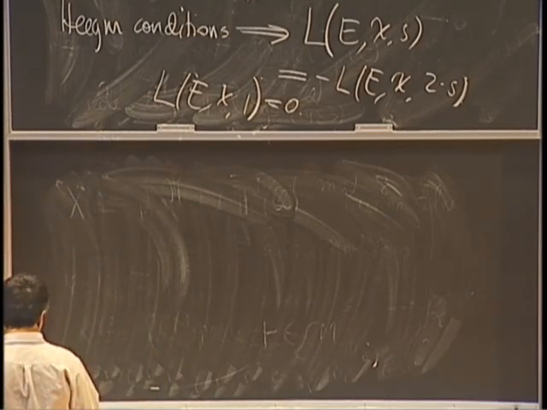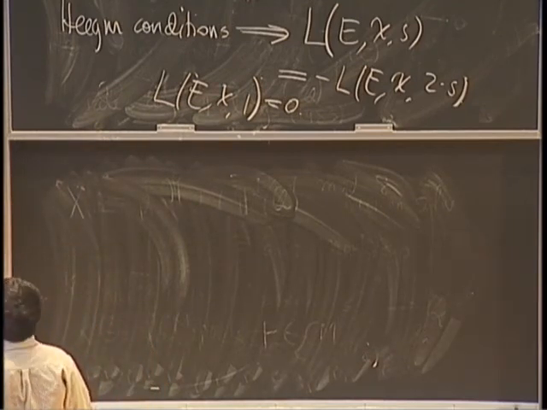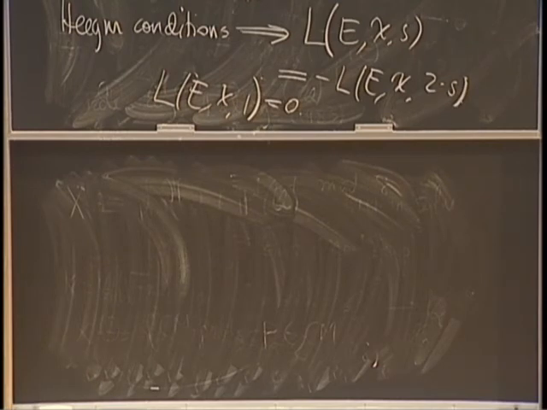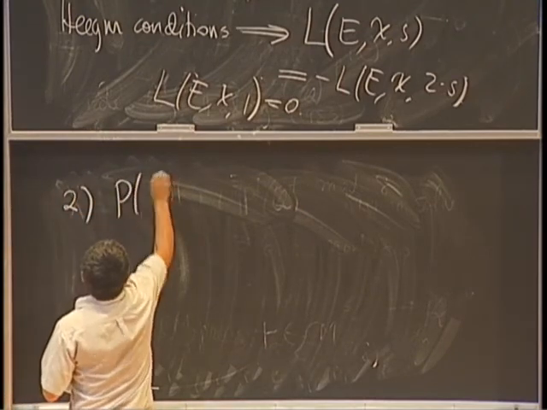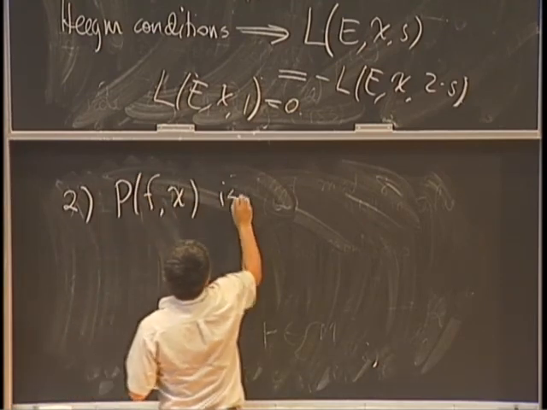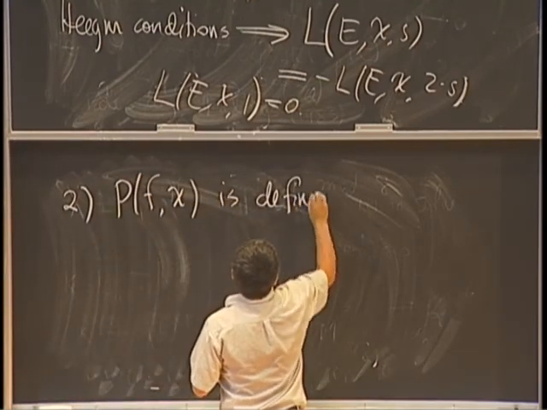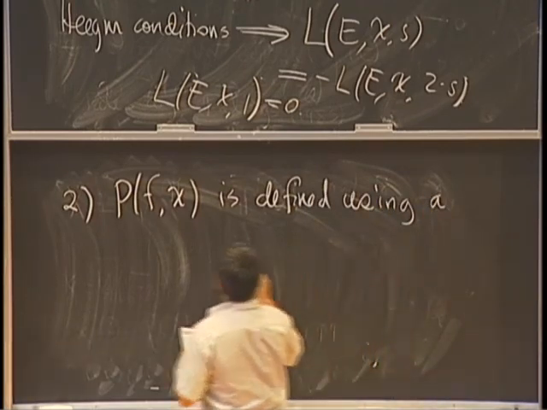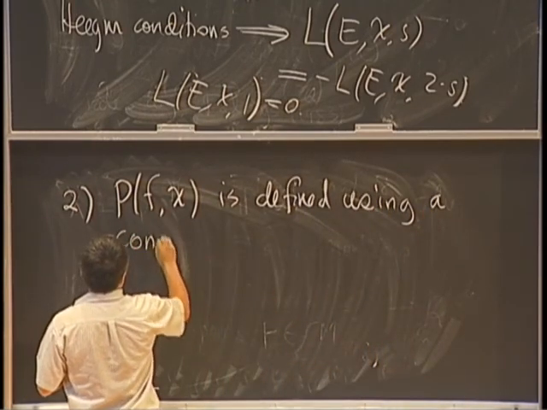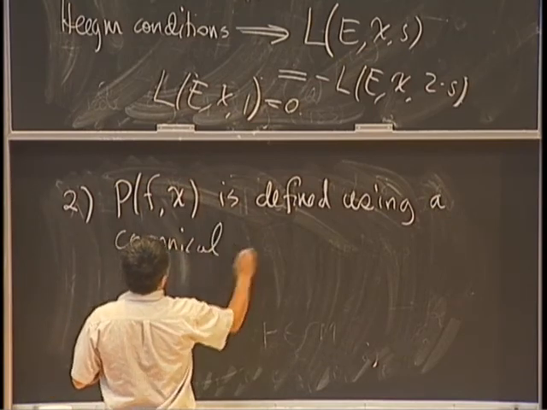Oh yeah, one thing I got confused. I forgot to say that I didn't define this one precisely. Let me write it down. Sorry. This is the one. The second part is that P_f(chi) is defined using a canonical CM point.